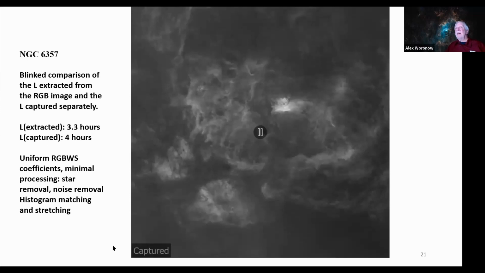They're blinking, and these are almost the same amount of exposure time, 3 hours and 4 hours. There's not a whole lot of difference that you're going to see between those two images. So if you replace the L extracted with the L captured, the image wouldn't change very much. Hardly at all.